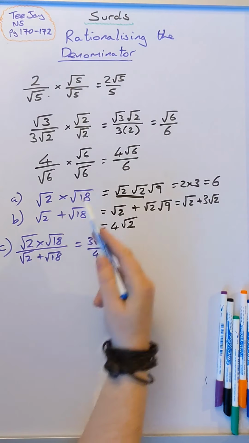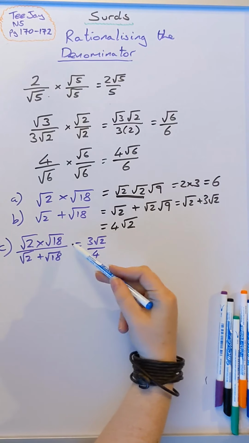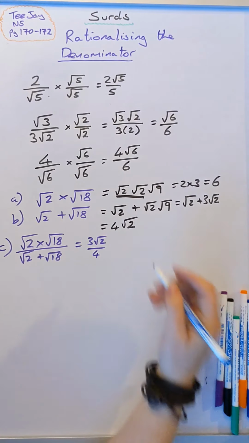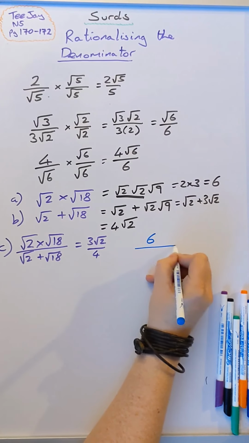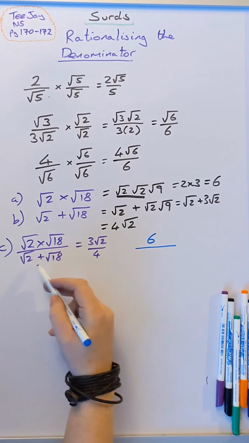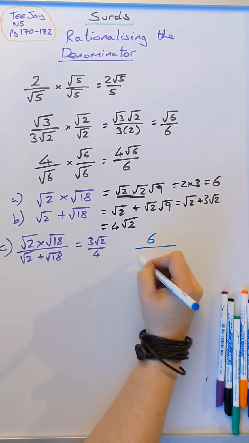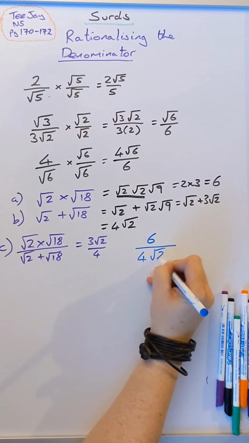So I know that the top, root 2 times root 18, is 6. And I know that the bottom, root 2 plus root 18, is 4 root 2.